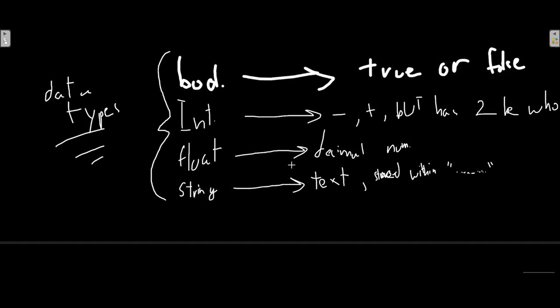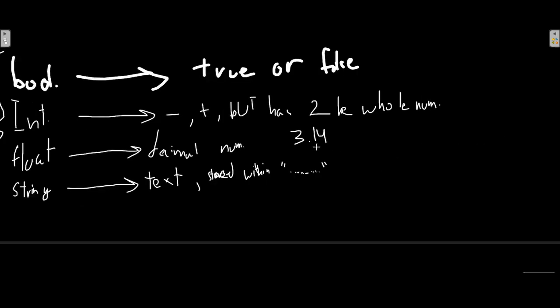A float is just a decimal number. Let's think of it like this: you have 3.14, that's a floating number. If you just keep your eye on the 3, that's an integer, right? But the 0.14 at the end is actually floating. So that's a float number.